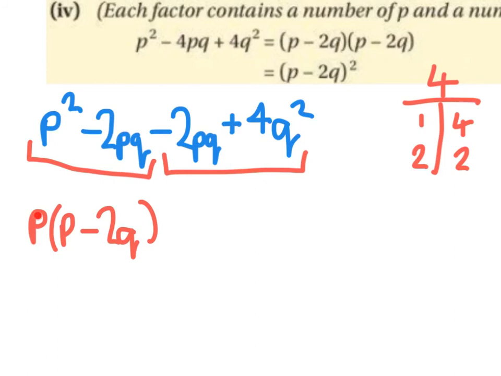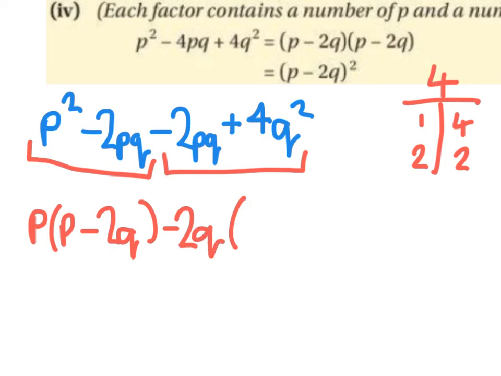So p divides into p squared, leaves me with p. p divides into minus 2pq, leaving me with minus 2q. Now I'm going to factorize the right hand side. So I've got minus 2pq and 4q squared. So I'm going to go with minus 2, because that will divide into both of those. And then I'm going to have a look and see what letters are common. Well, q is common. So minus 2q is going to be one of my factors.